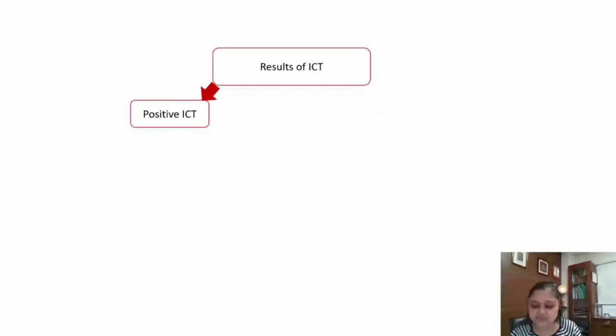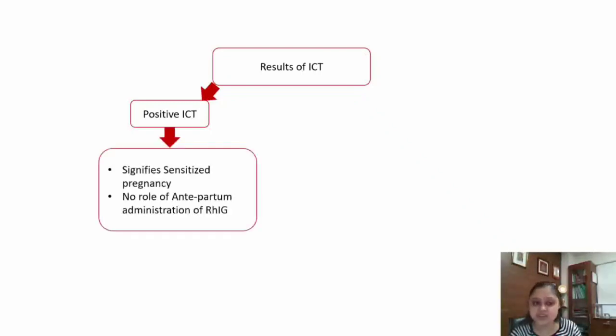What happens if ICT comes positive? If ICT is positive, that means it is a sensitized pregnancy. That means antibody formation has occurred, and therefore there is no role of administering the antepartum Rh immunoglobulin for protection. However, when ICT comes negative, what do we understand?